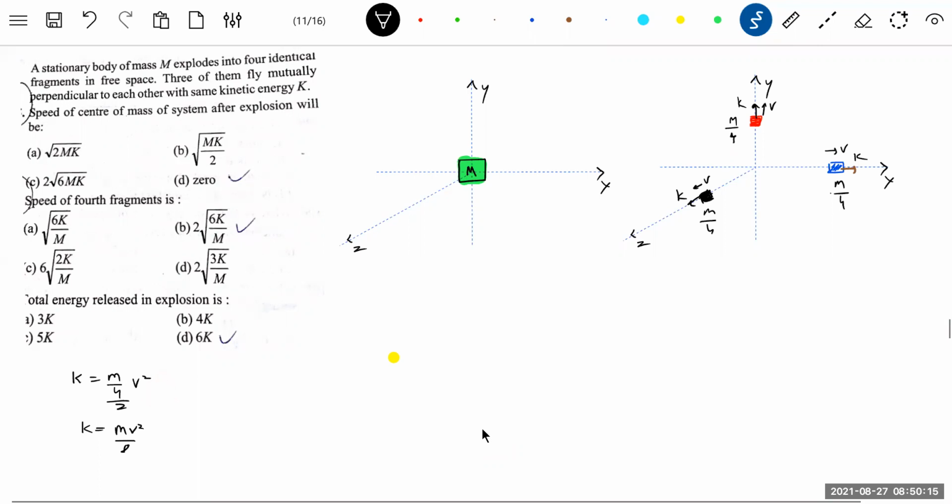Then, what is the momentum of an individual particle? We'll check it. Like an expression for V. V is what? Square root of 8K by m. So what is the momentum of an individual particle? Px should be equal to m by 4 into V. Px equal to Py equal to P, only magnitudes. The mass of each fragment is m by 4 and the speed is V, which we have just now calculated.